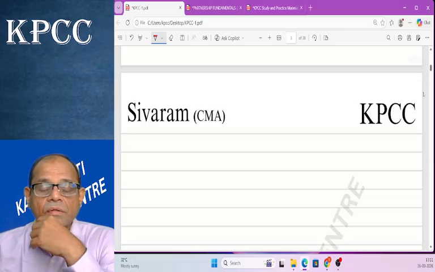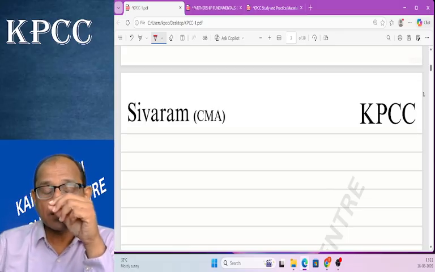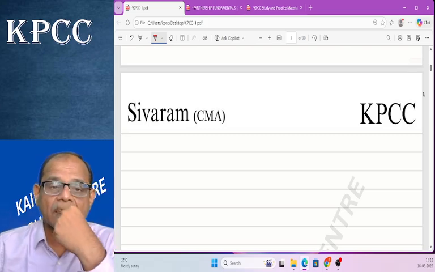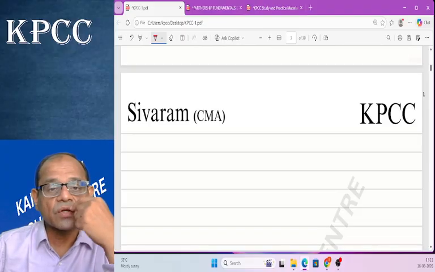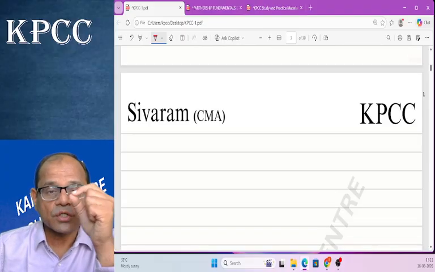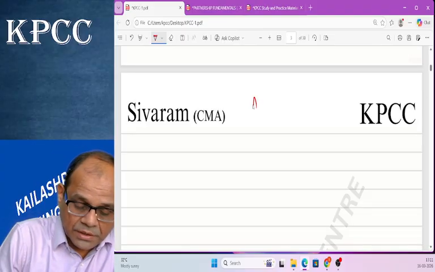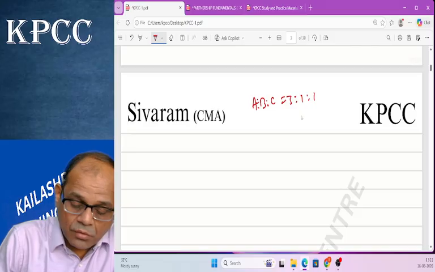In a particular year, say the profit is 1 lakh, and the profit sharing ratio of A, B, C is 3:1:1.